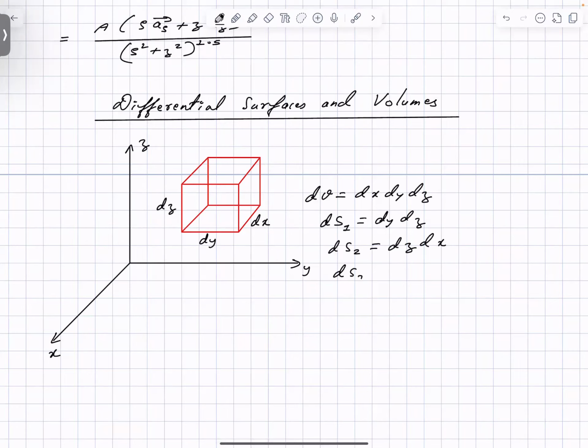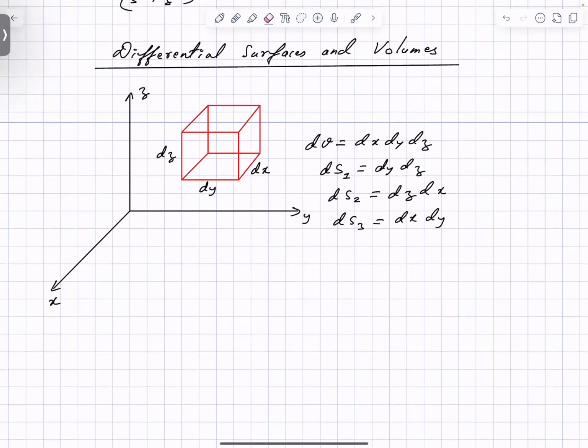We'll call that surface ds3, differential surface, and dx times dy is the area. Any question? Something that we'll use a lot in this course. That is in the rectangular coordinate system. Now let's try to do the same thing in the cylindrical coordinate system.